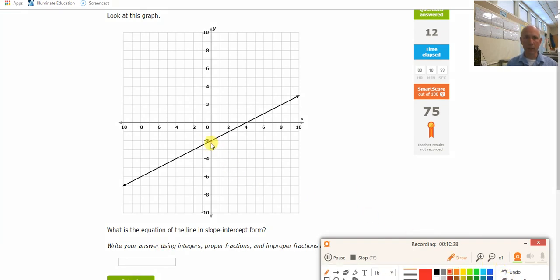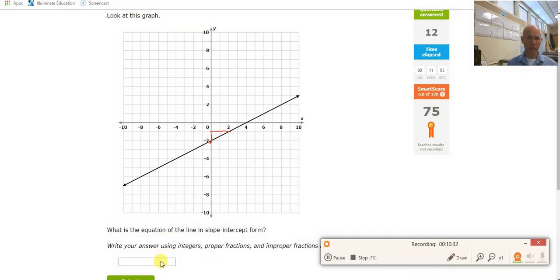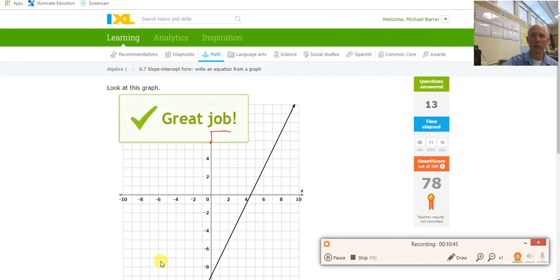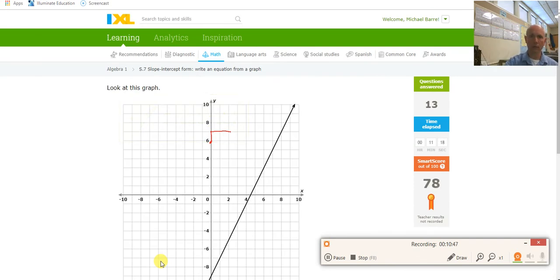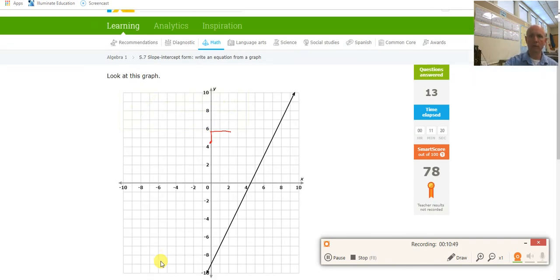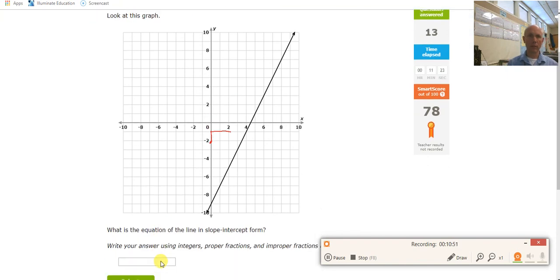Looks like I've got an intercept at -2 and a slope of 1/2. Let's see, intercept at -2, slope is 1, rise of 2. Let's see if anything happens when I get up to 80. Wow, I've been doing this for 10 minutes.